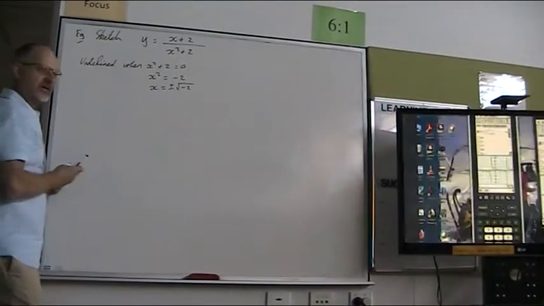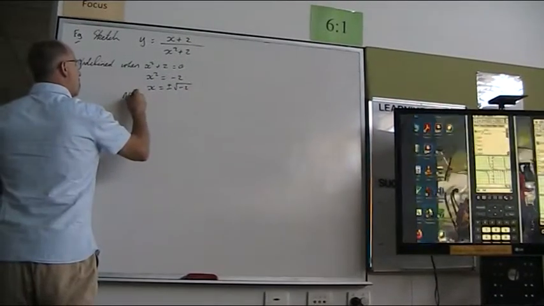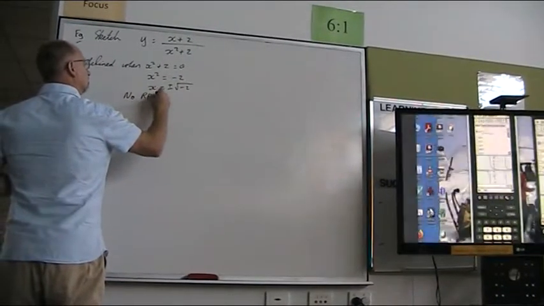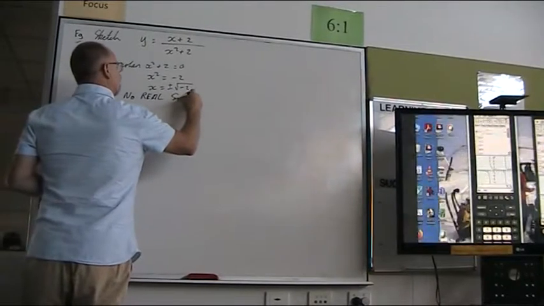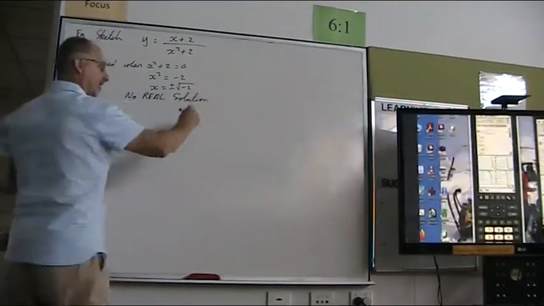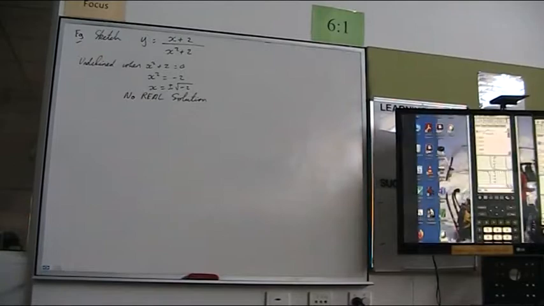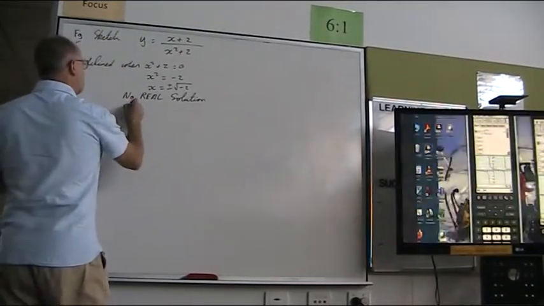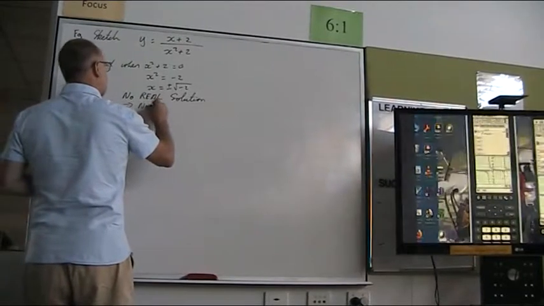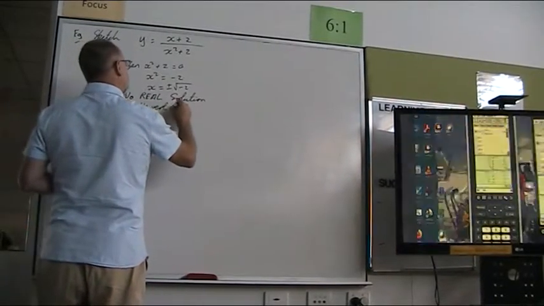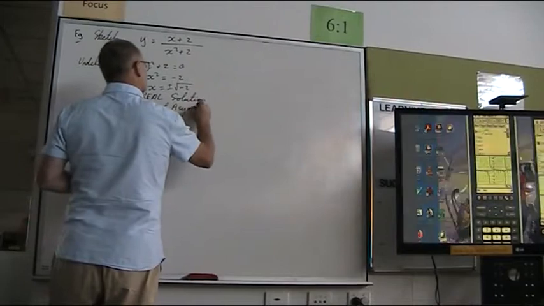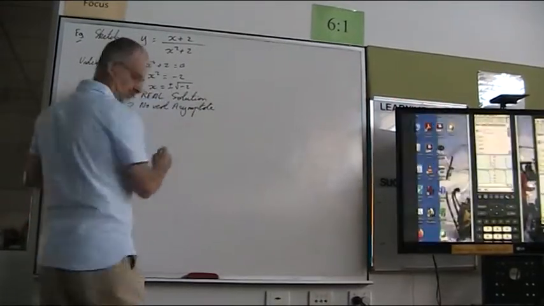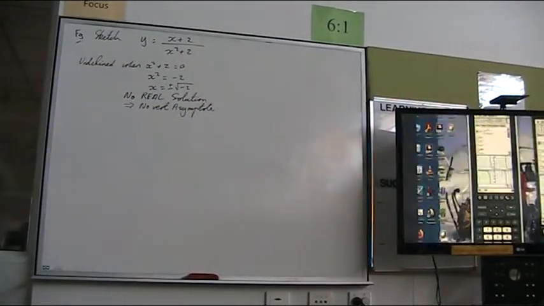This would be an imaginary number, so there's no real solution. Right, it's not an Argand diagram, it's a Cartesian plane, only real numbers. So if there's no real solution, there's no vertical asymptote.